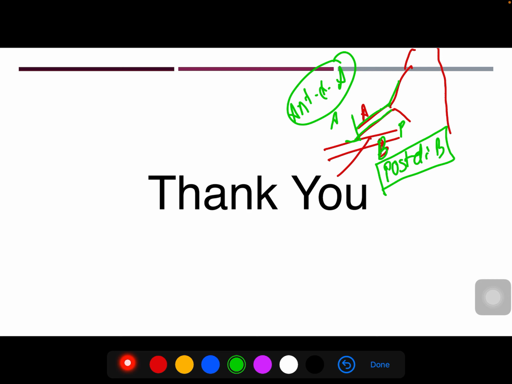So we say posterior dislocation of the B, not anterior dislocation of the A.